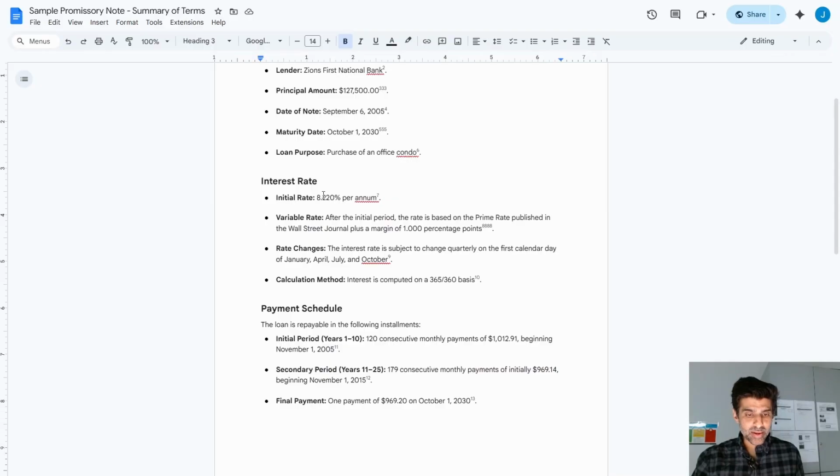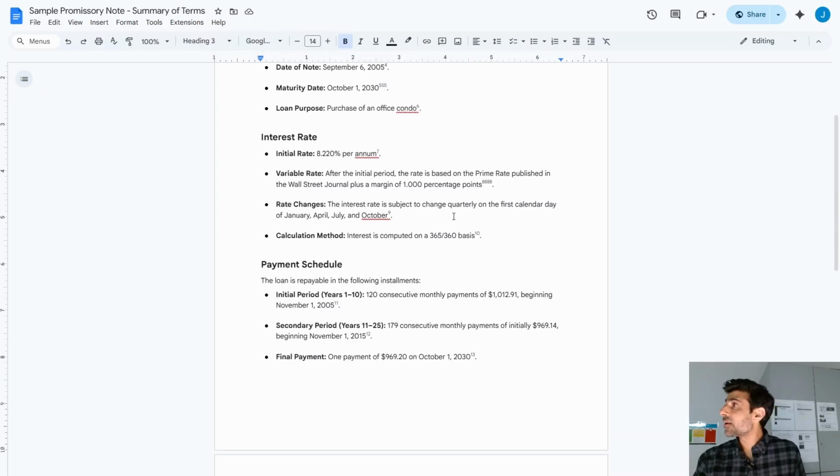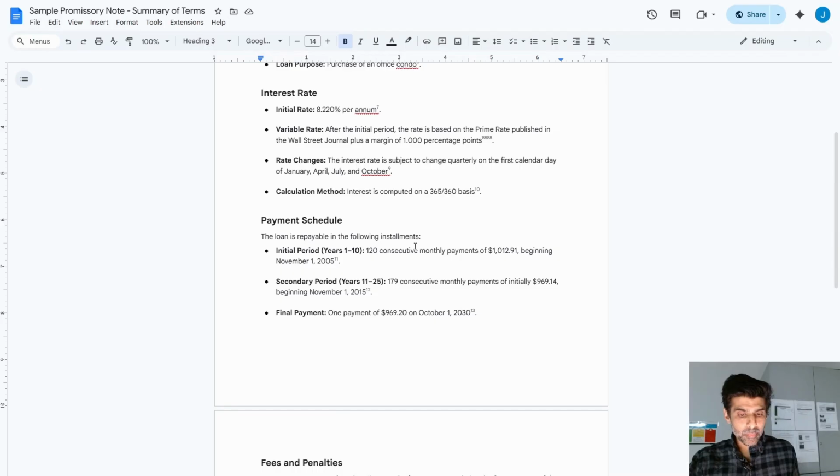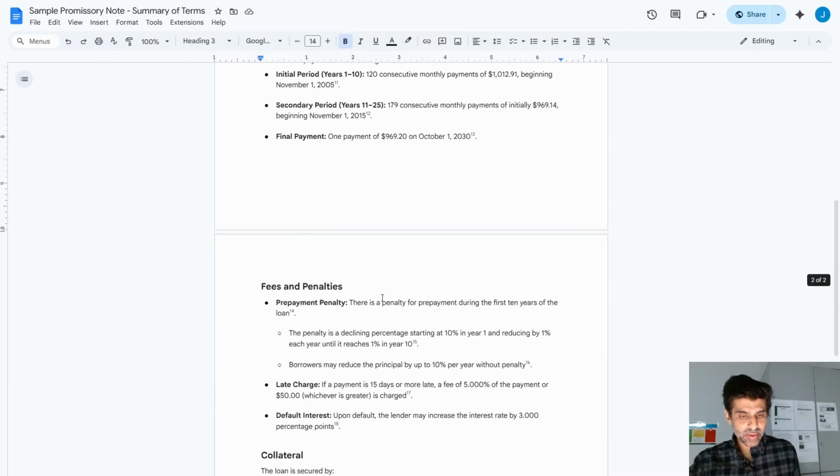So the interest rate is initially this, but it's variable. It changes quarterly, so four times a year, the interest rate is going to vary. It could go up, it could go down. And then there's a payment schedule. For the first 10 years is one thing, and then the next 10 or 15 years is something else.